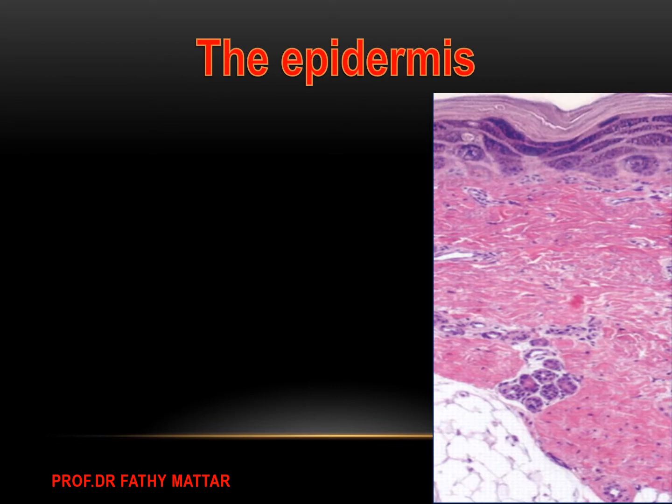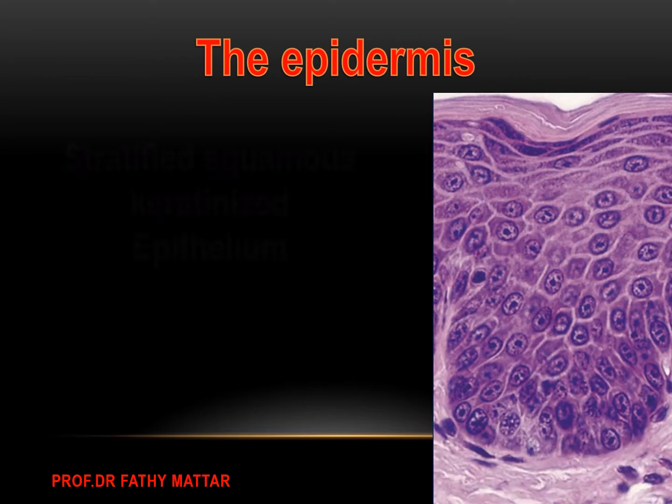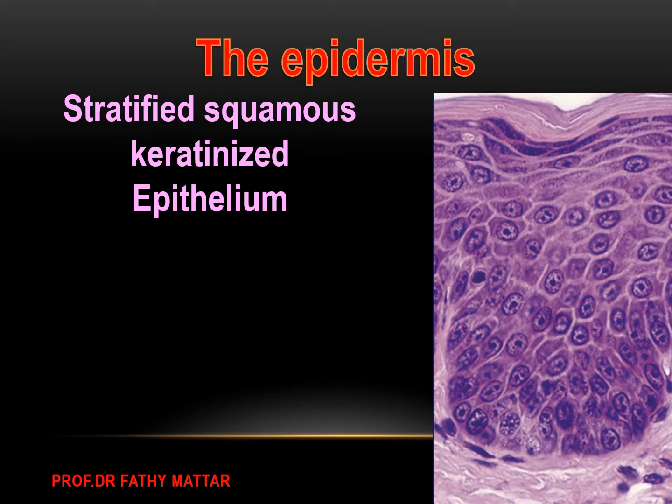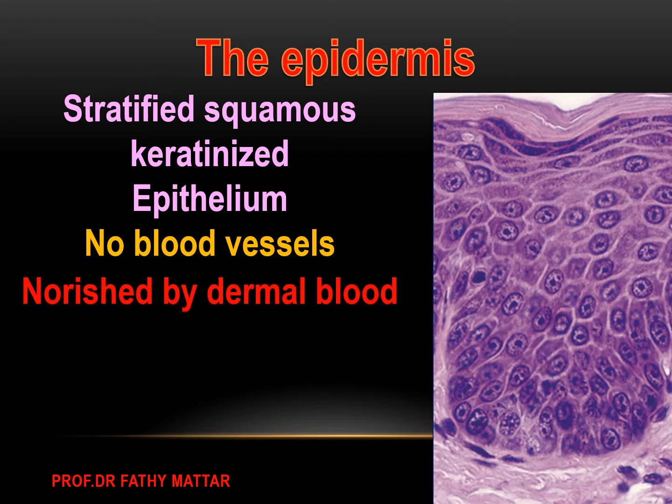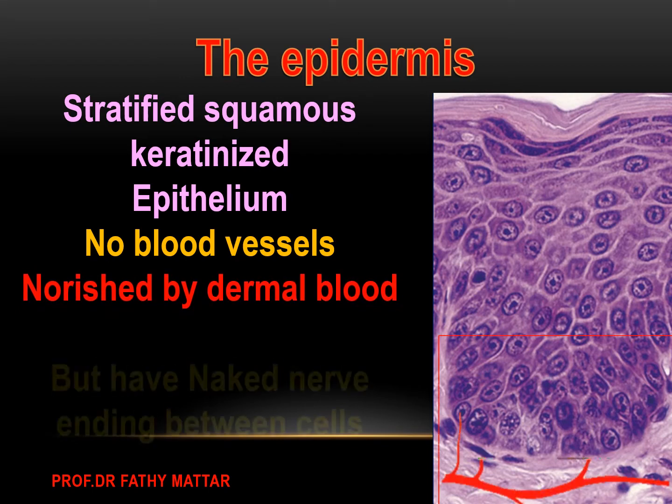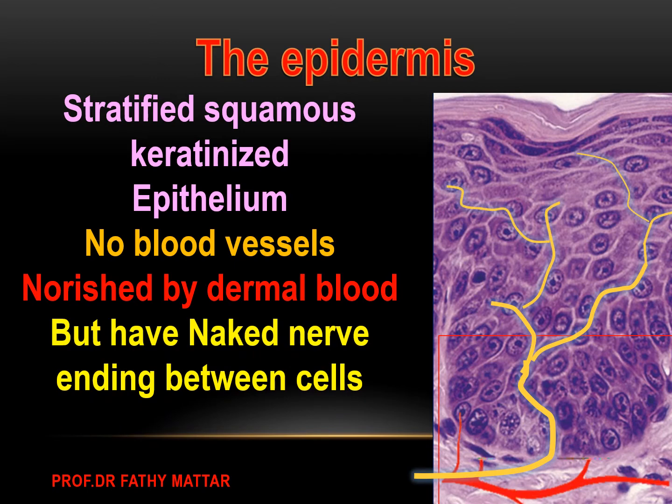The epidermis is formed of stratified squamous keratinized epithelium, and as you know, such epithelium do not have blood vessels in between cells, and so it is nourished from the underneath layer, the dermis, by blood vessels of the dermis. However, it contains naked nerve endings between its cells, and it acts primarily in pain sensation.